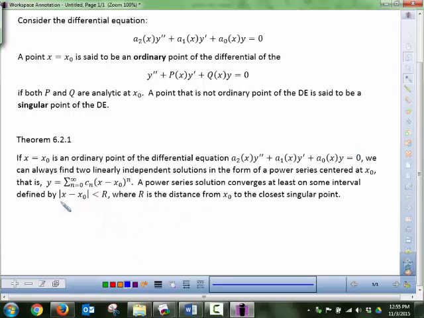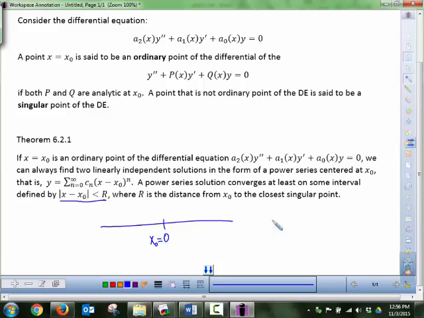So this business about the absolute value of x minus x naught less than r means it converges for all those points in there. An accompanying picture might look like this. We have 0 as your center point.